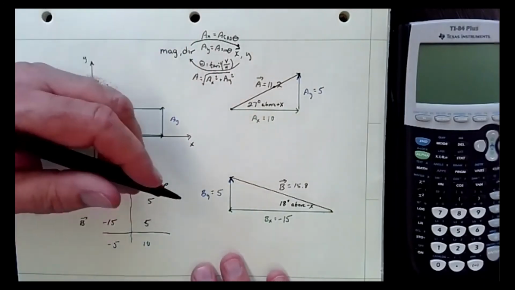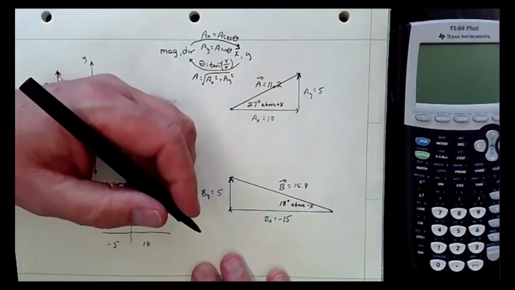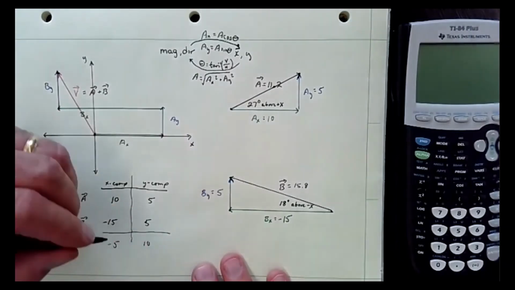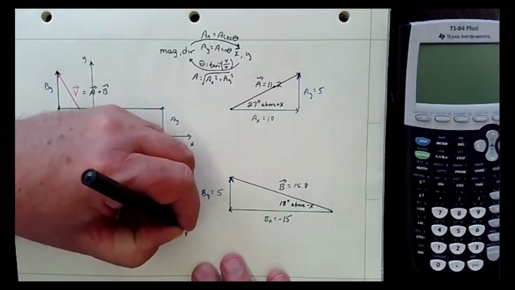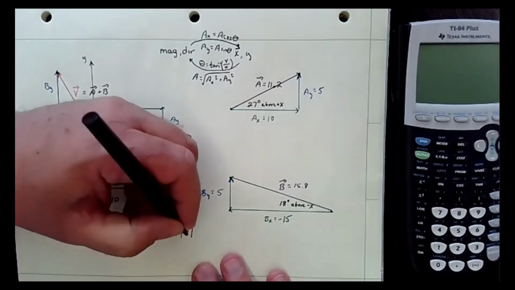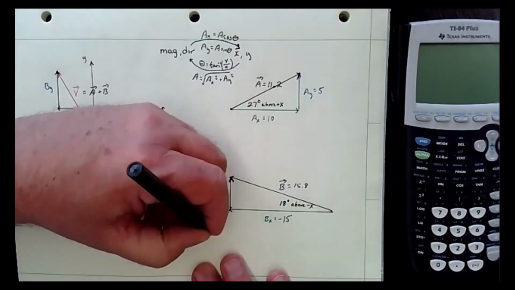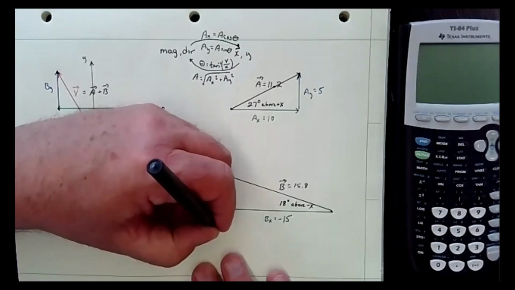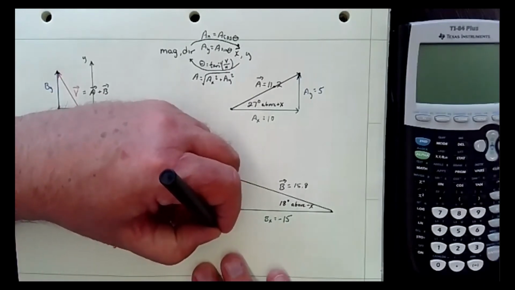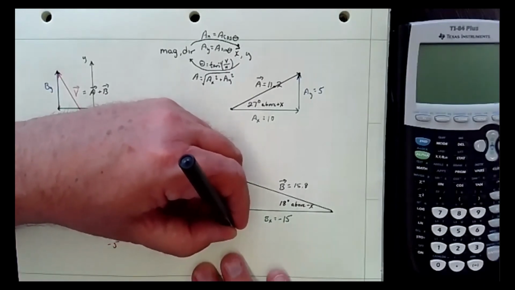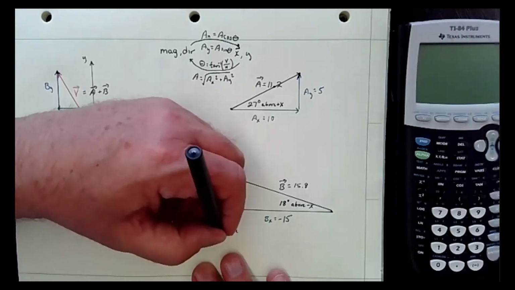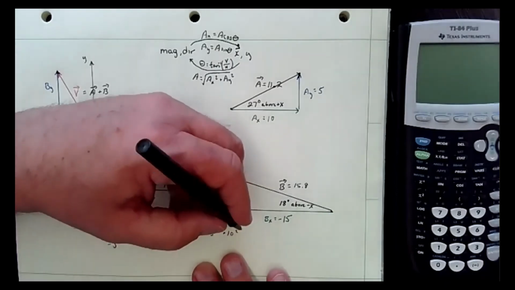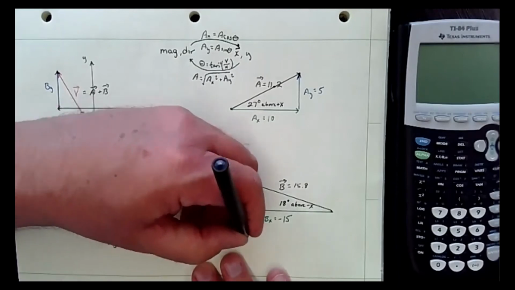And so now I can go ahead and do the math. And that means that the magnitude of vector v, and here's how you write magnitude, is equal to 5 squared plus 10 squared. And then take the square root of the whole thing.